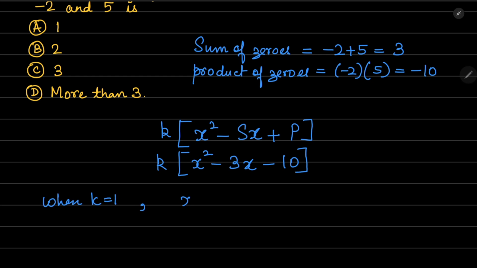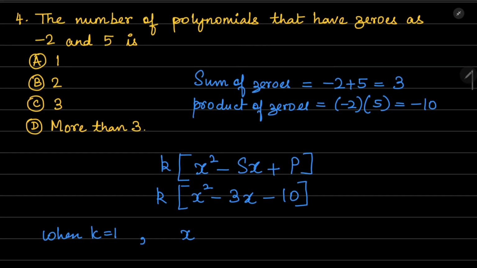You are asked to find the polynomial that has the zeros as -2 and 5. So we found the sum and the product of the zeros, and using sum and product we were able to find the basic required quadratic polynomial using this formula. Now for k equal to 1, the quadratic polynomial will be x square minus 3x minus 10.